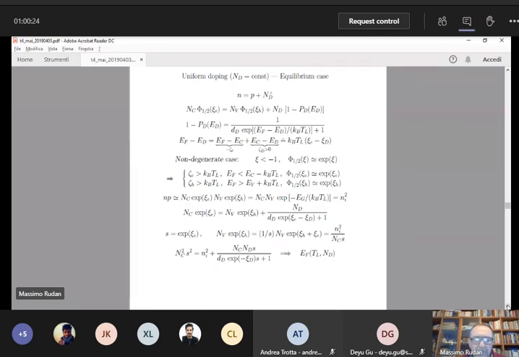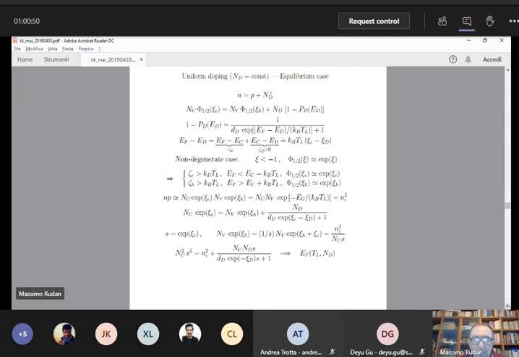Okay? And all these quantities depend on the Fermi level. Okay, so this is an equation which, of course, is terrible to solve, because the Fermi integrals are complicated to deal with.